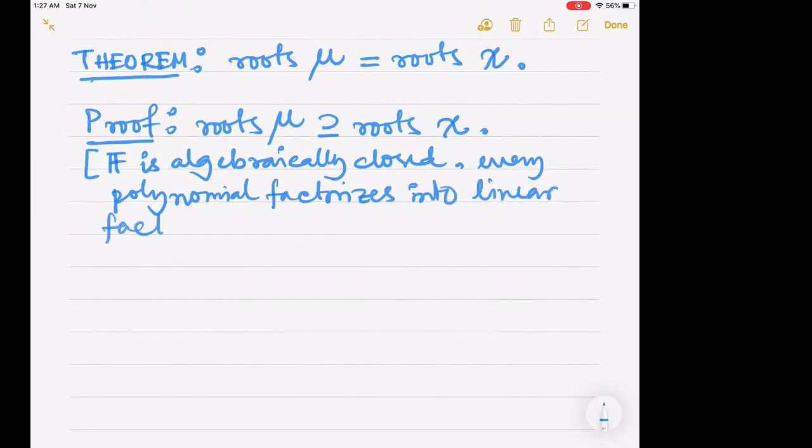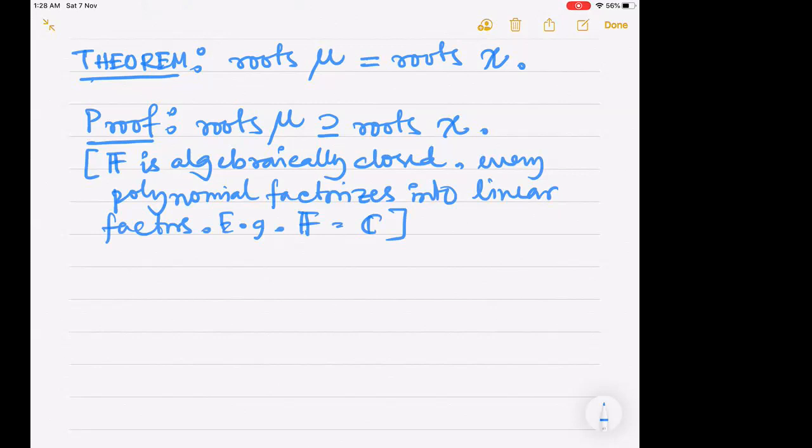For example, F could be equal to the complex numbers. Over the complex numbers, we know that every polynomial factorizes into linear factors. If not, suppose F is R, then we just have to let things happen over C. That's a small technicality, but I think you can make peace with that.